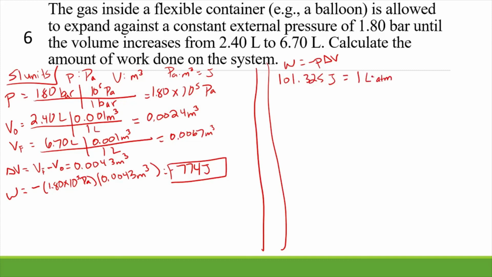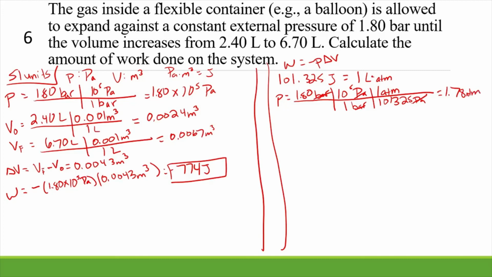And so if you look at that liter ATM, we already have liters from our volume, but ATM we can get from bar. So we start by doing our pressure. So 1.80 bar. Now in general 1 bar is about 1 ATM, but if you want to be more precise, you do it this way. Your book doesn't give you an exact bar to ATM, but you can go from bars to pascals, and then from pascals to ATM. 101.325 pascals, so those go away, and so you get 1.78 ATM.